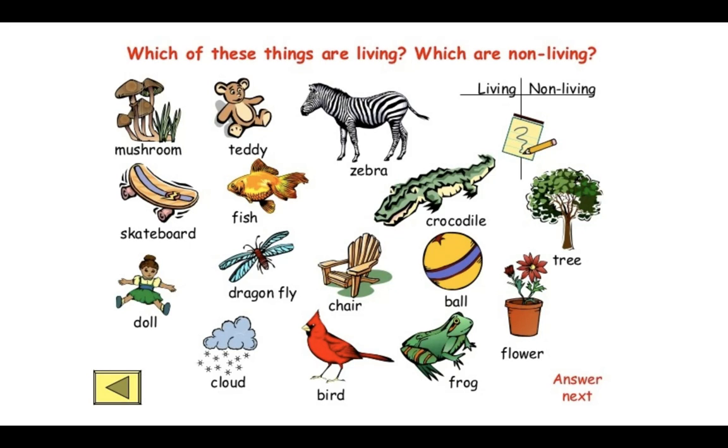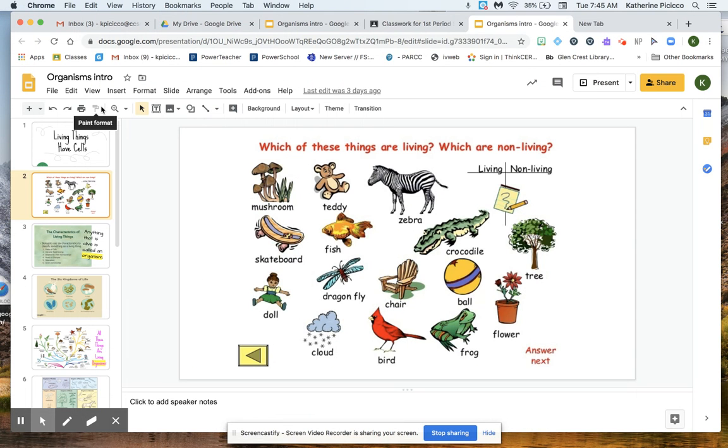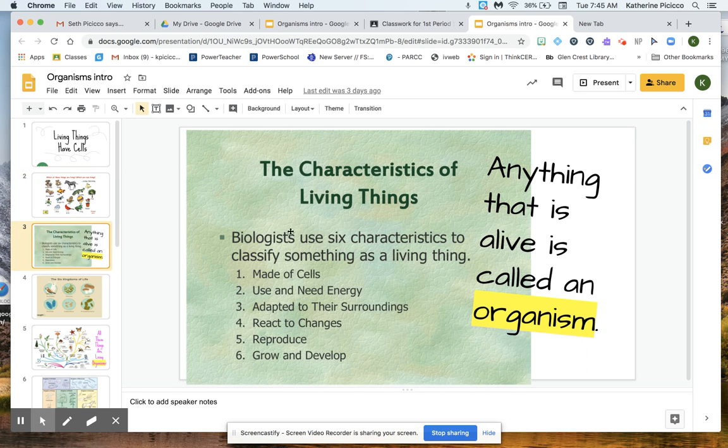And one of the things that I noticed that we had a little bit of trouble with was just understanding the basics of living versus non-living. It's kind of tricky because what's alive and not alive is a little tricky to figure out, but we've got to remember that there are these basic characteristics that we use. So I'm going to go to the next slide. These are the things that were in your reading. These are the things I also wanted you to use last week to talk about what it means to be alive.